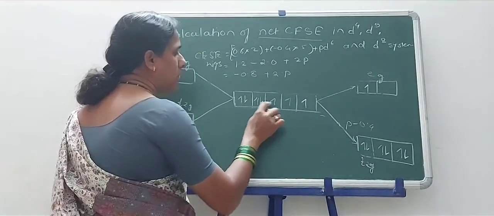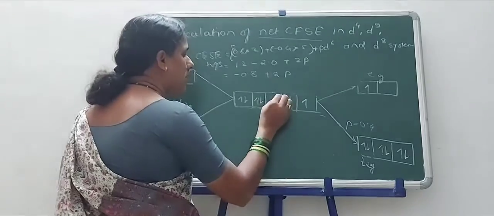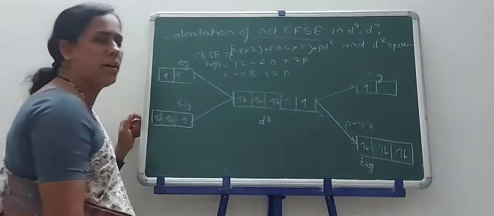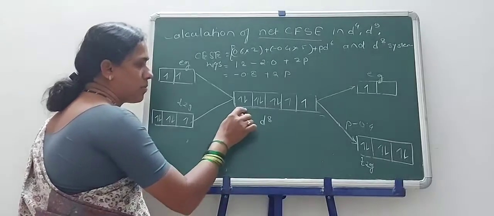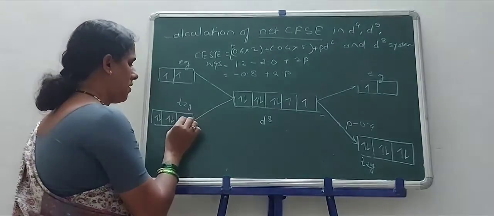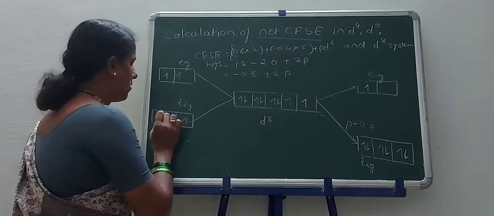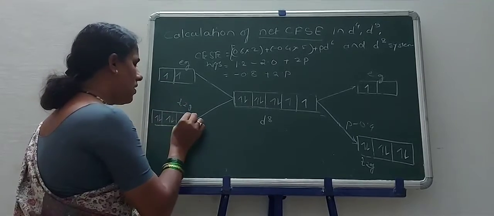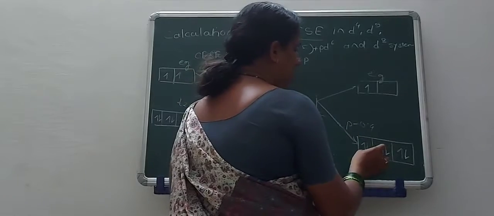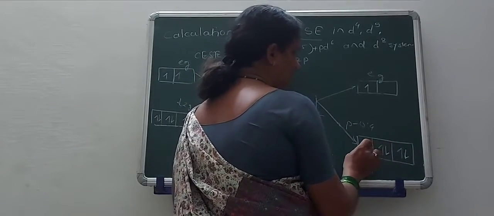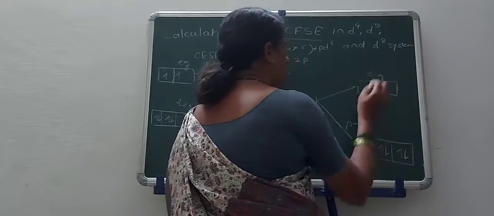D8. 1, 2, 3, 4, 5, 6, 7, 8. Okay, how many electron pairs? That is equal to 3 electron pairs. Okay, see here. Here also 1, 2, 3, 4, 5, 6, 7, 8.